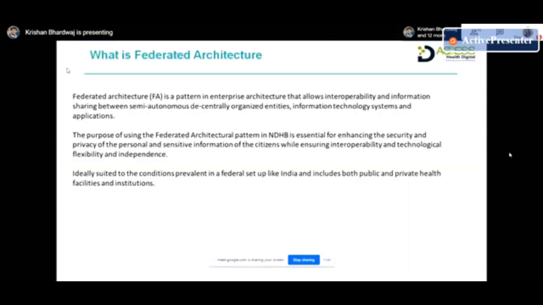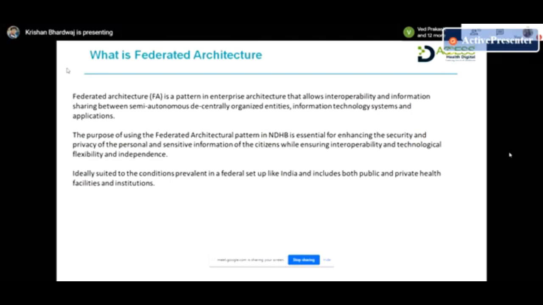Federated Architecture talks about three things. One, it is a type of enterprise architecture. It's an enterprise architecture pattern; there are a lot of other enterprise architecture patterns, and it is one of them.